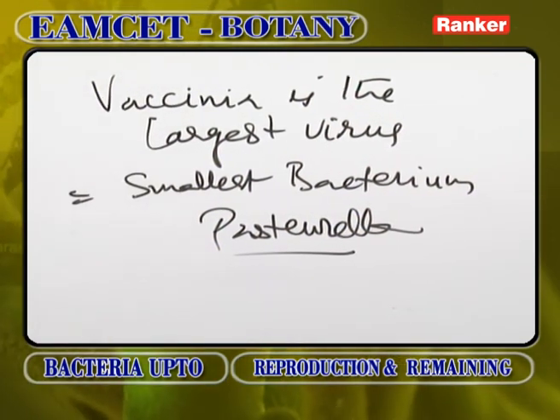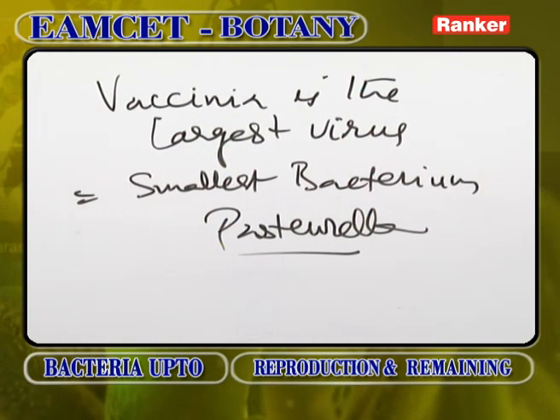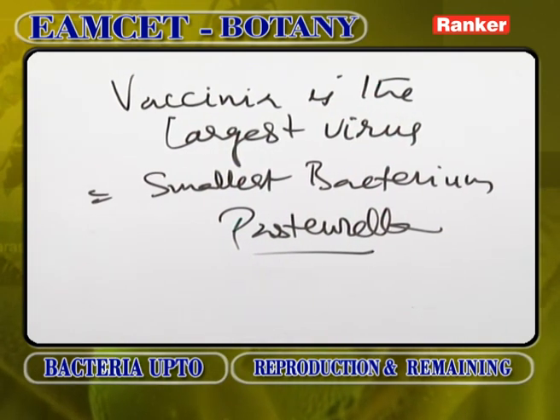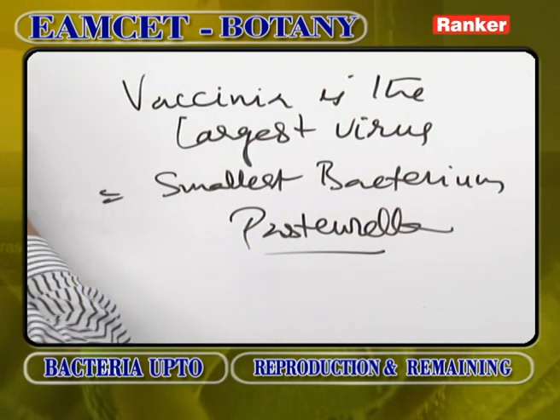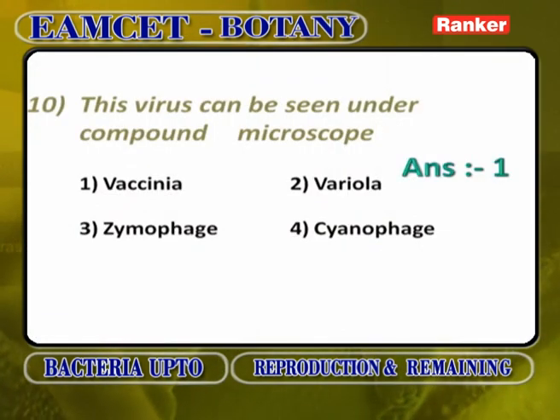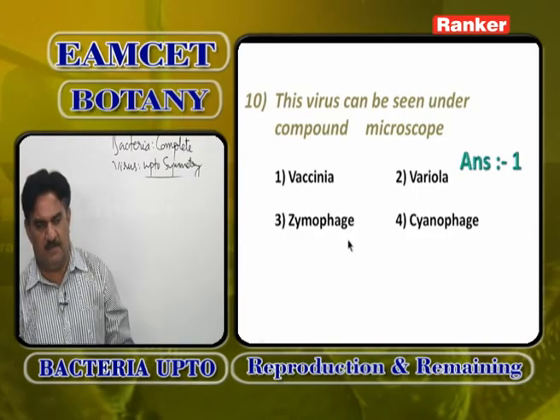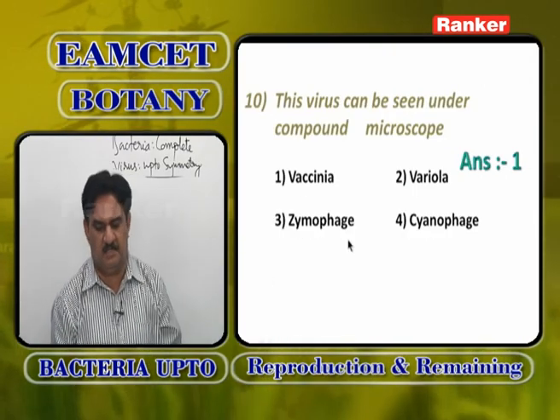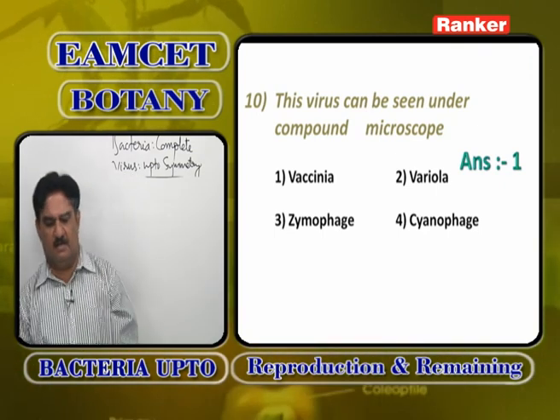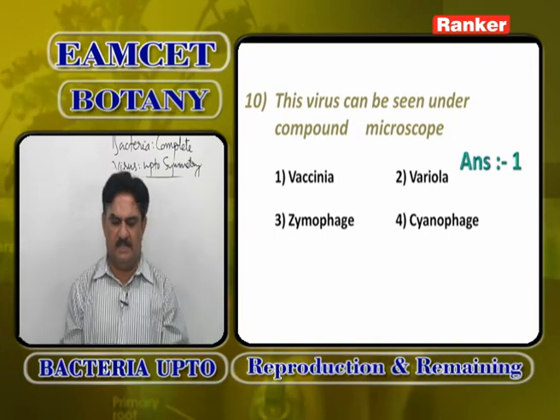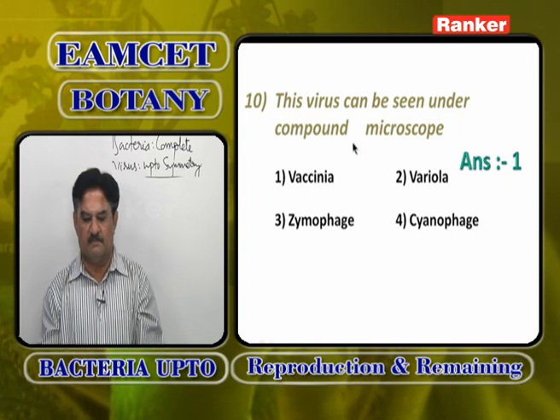Vaccinia is the largest of the viruses, but almost equal to the smallest bacterium. Because variola, zymophages and cyanophages are very small, the virus that can be seen under a compound microscope is vaccinia virus.